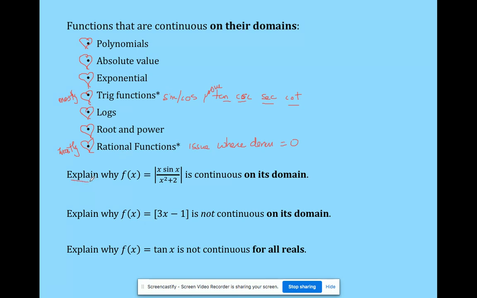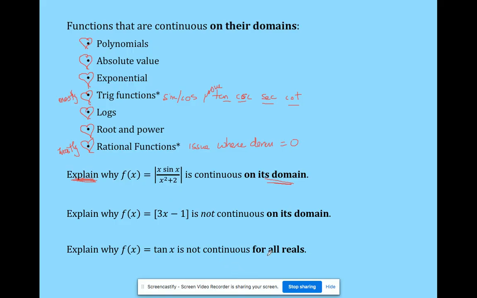So take a look at this. Explain why it's continuous on its domain. Notice I don't ask you to prove a function is continuous on its domain. I only ask you to explain. If I ask you to explain at a point, that's different. But explaining on a domain, you can think of that as the same as prove.